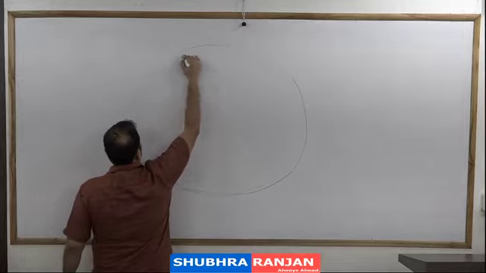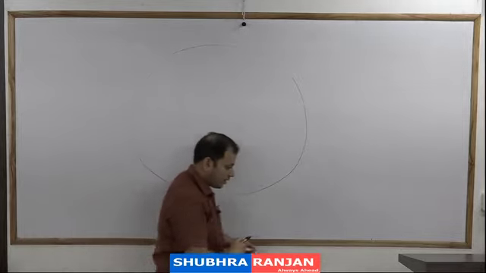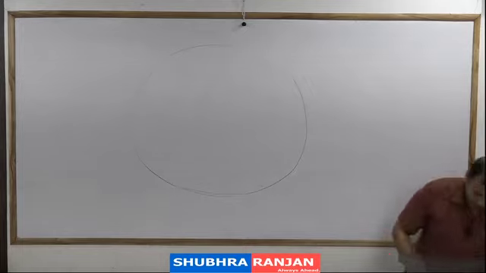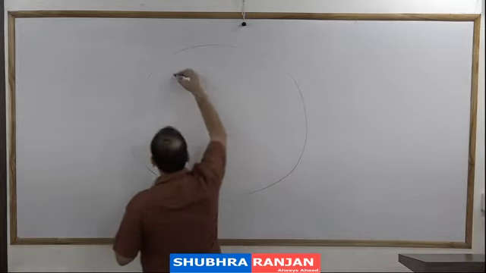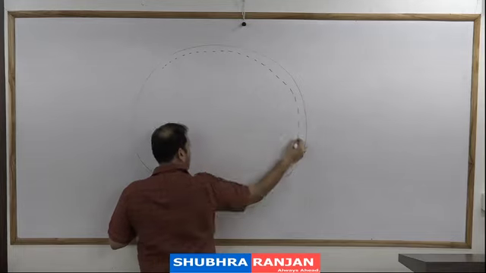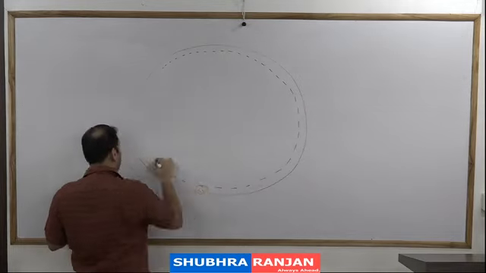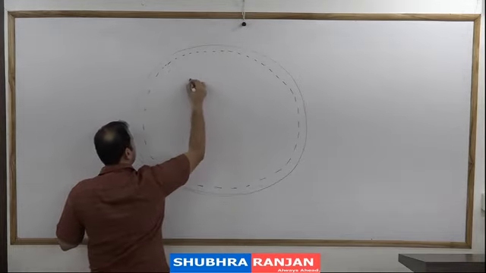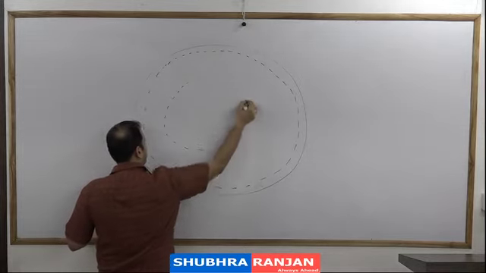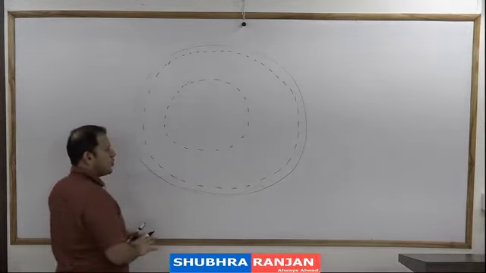I'll take this part as a crust, the uppermost layer as a crust here. Again the interior of the earth. Uske baad we will consider this as a mantle, beech mein ka layer, and the innermost layer as a core.